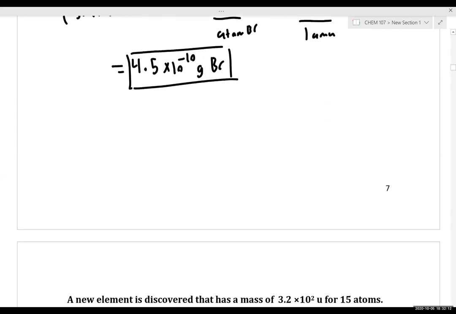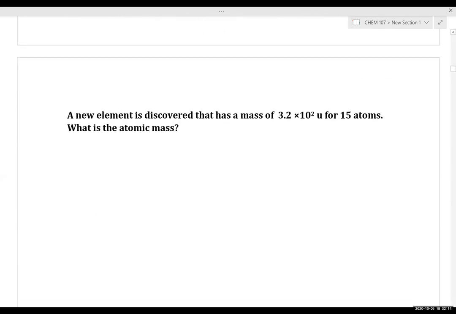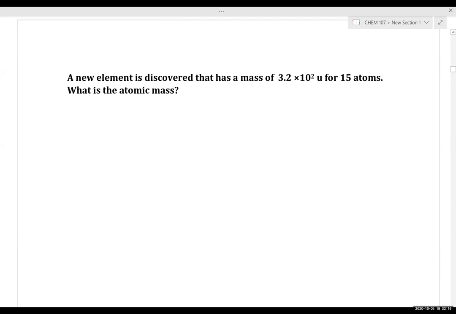So let's keep going now and let's look at another guided example where this time we're directly calculating the atomic mass. So in this question, an element is discovered that has a mass of 3.2 times 10 to the second AMU for 15 atoms.